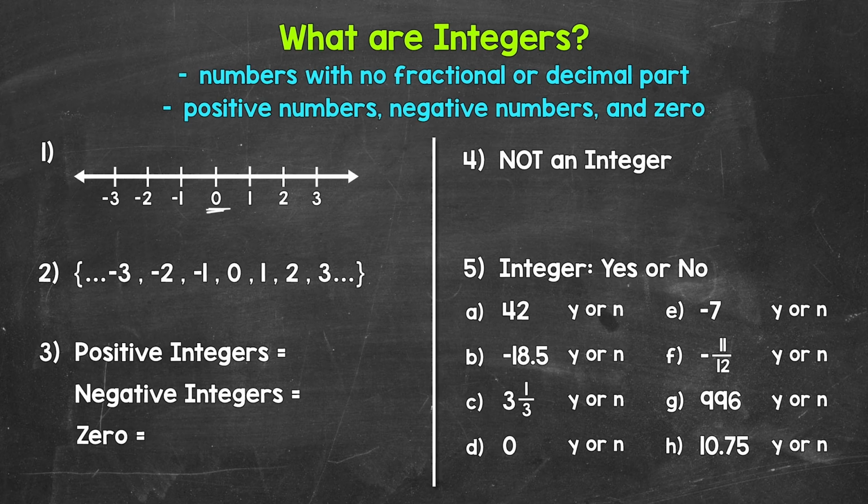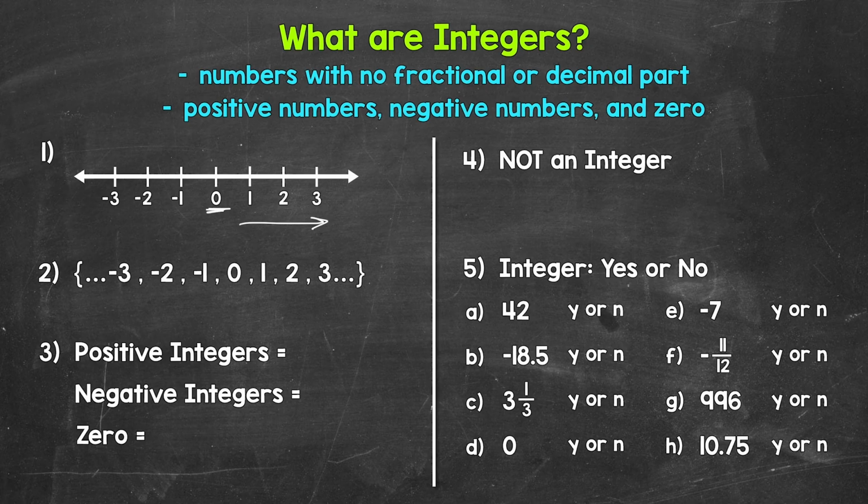To the right of 0, we are counting up by 1. We are increasing in value. So 1, 2, 3, 4, 5, so on and so forth. And those numbers continue on forever. They are infinite. Those are all of our positive integers.